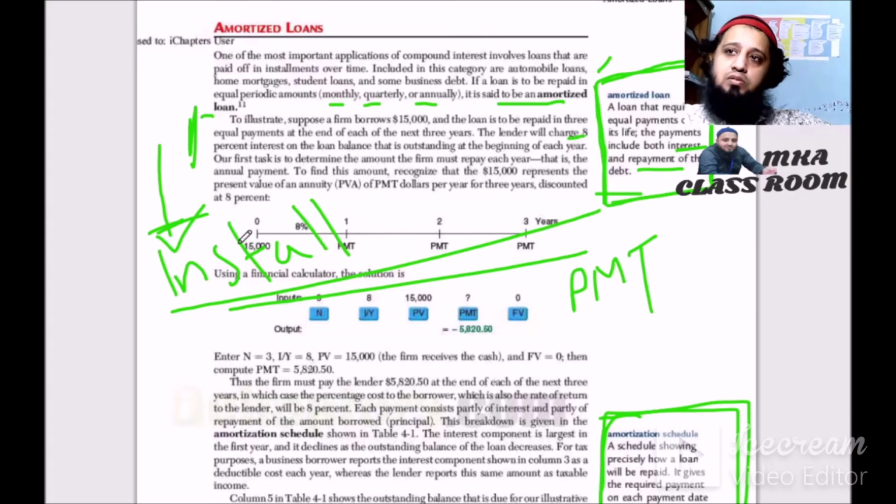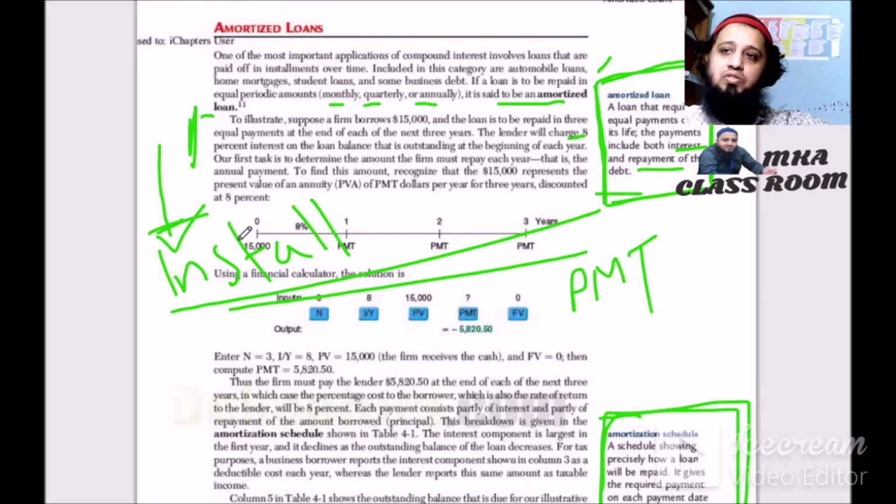Can I make you understand? So here a firm borrows 15,000 taka, and this 15,000 taka will be killed off by 3 installments. Your interest rate is 8%.